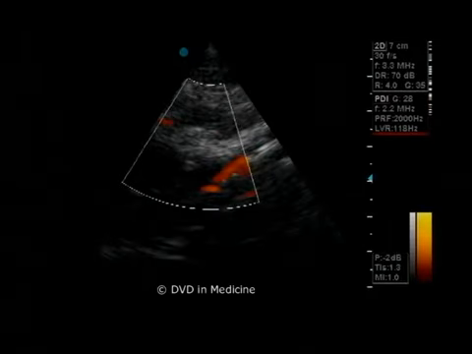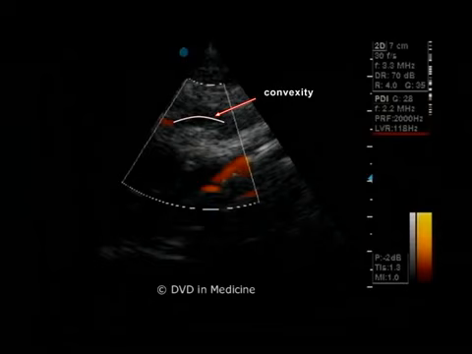Usually, one can visualize the small convexity of the internal carotid artery.